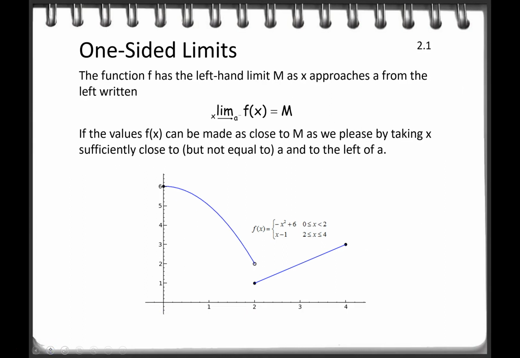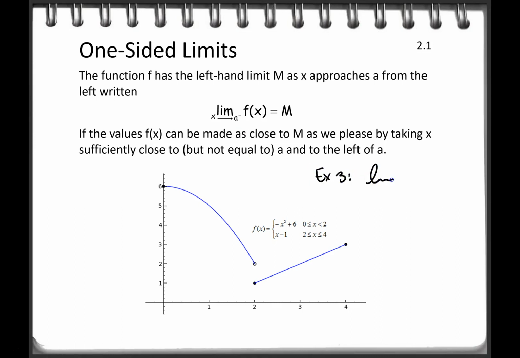Now let's talk about the left-handed limit. You're going to see you're going to have this minus sign, which means left. And basically, if the values f of x can be made as close as possible to M, it doesn't have to be equal to, then we do have a limit. So let's do example 3 here.